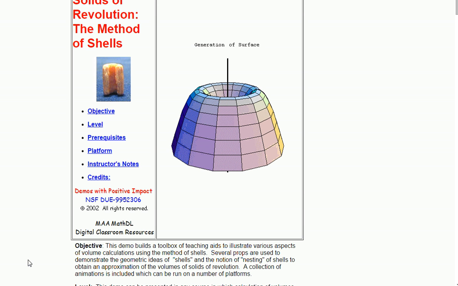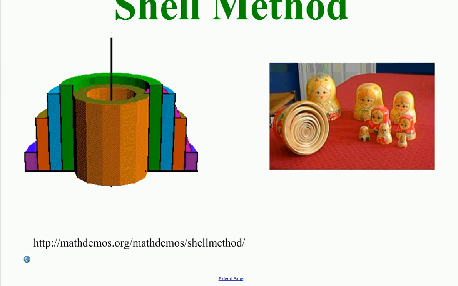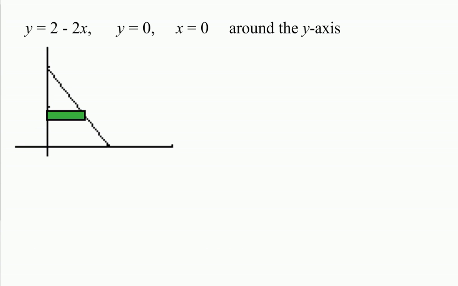Okay, so let's go back to what we did before, just to remind ourselves how we did a problem like this. I have this line, and I'm going to take the area underneath it and rotate it around the y-axis.